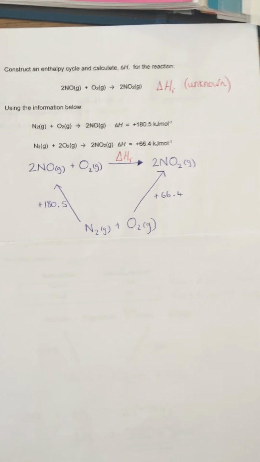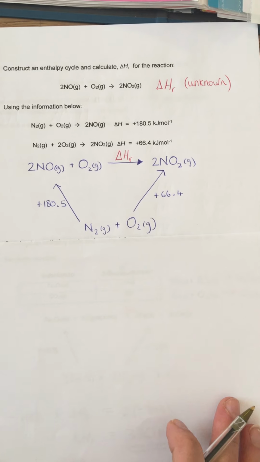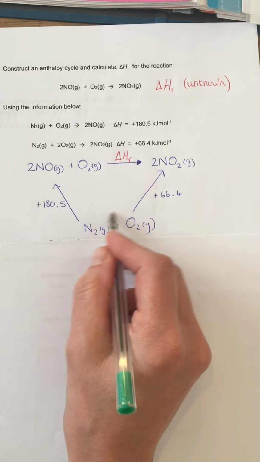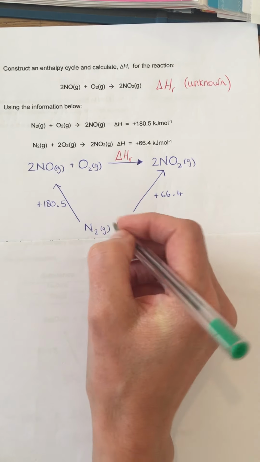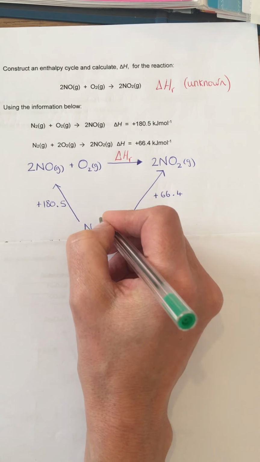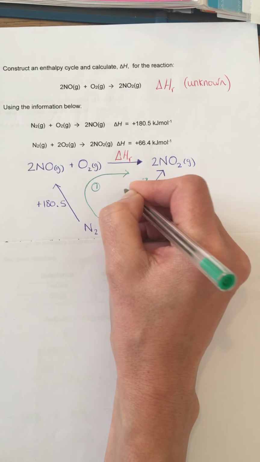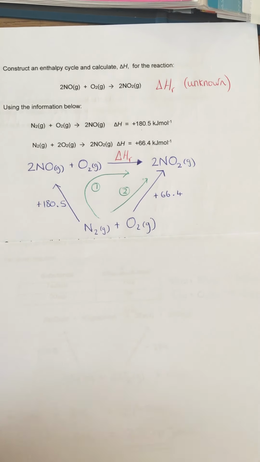Now we just need to spot which route round our cycle we go. This is the start because this has only got arrows going out of it, and this is the end because it's got arrows going into it only. So our two routes are route 1 and route 2.